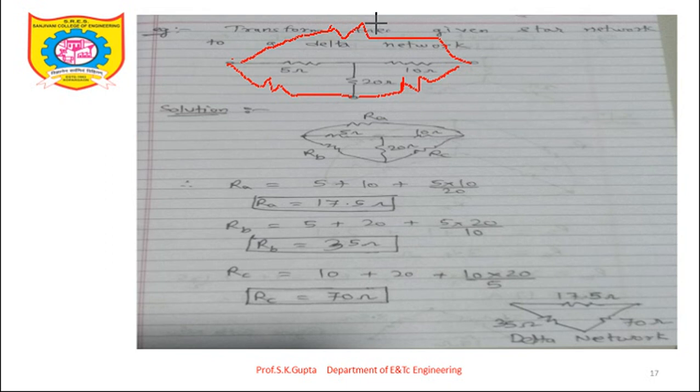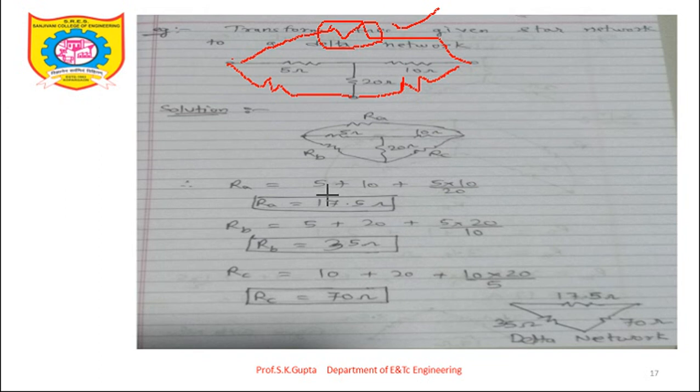Now we will calculate the value of the resistances of the delta network. Okay. So for this resistor, nearby resistances are this 5 ohm and 10 ohm. So add 5 plus 10 plus their product 5 into 10 divided by the remaining resistor, 20. So this way I got the value of this resistance.